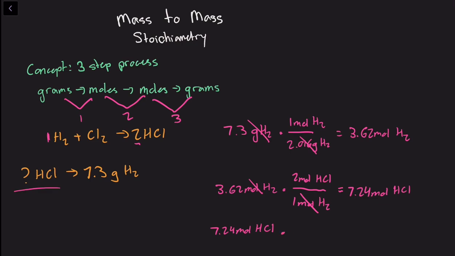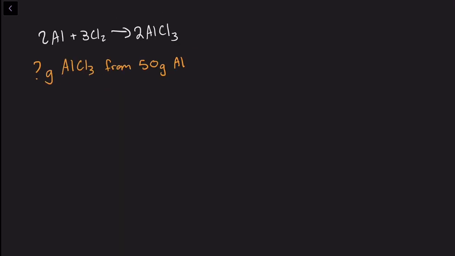We are going to do the molar mass, but we're going to have our 1 mole on the bottom this time, and we're going to have our grams, which is 36.46 grams, on the top. Once our moles of HCl cancel out, we're left with 264 grams of HCl.